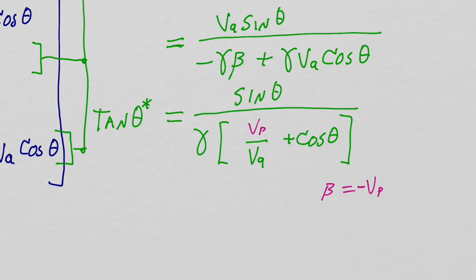And sure enough, if we're in the center of mass frame, then v is equal to 0, gamma is equal to 1, and this term goes away, and you get tan theta equals sine theta over cosine theta. So the check works out, it limits correctly, and now we have this beautiful expression.